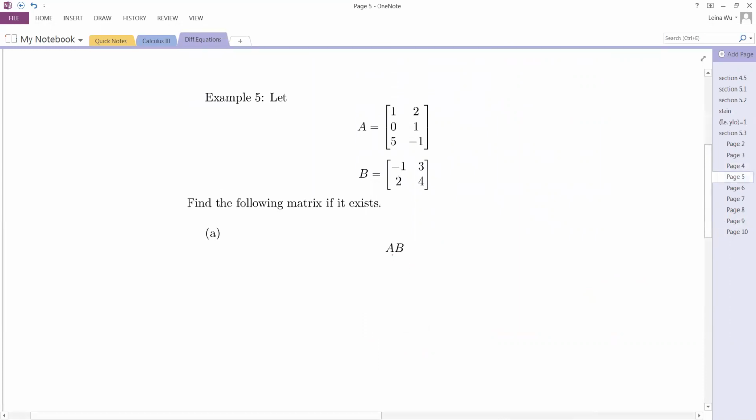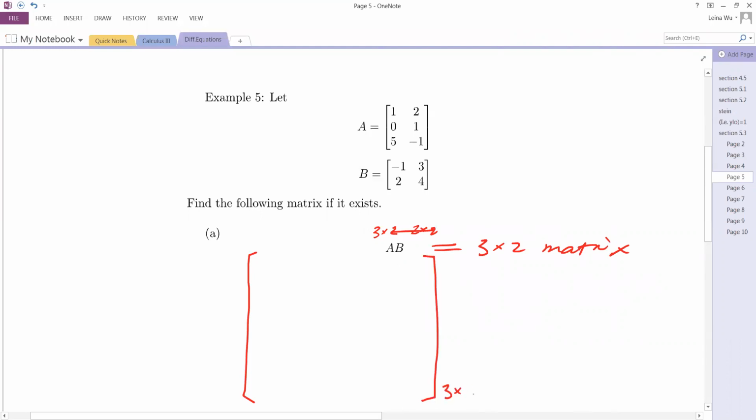Can I do A times B first of all? Yep. Okay, A is 3 by 2, B is 2 by 2. Yes, you can get a 3 by 2 matrix, right? So it should be 3 by 2.